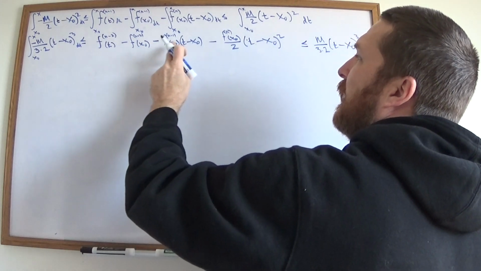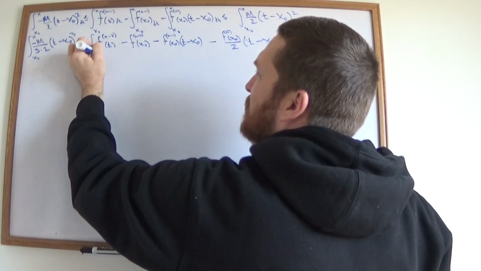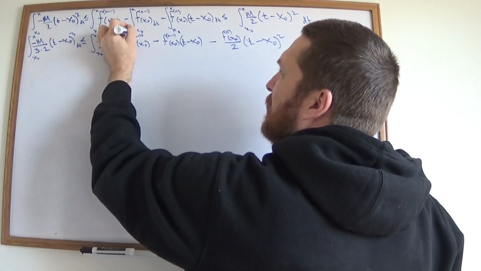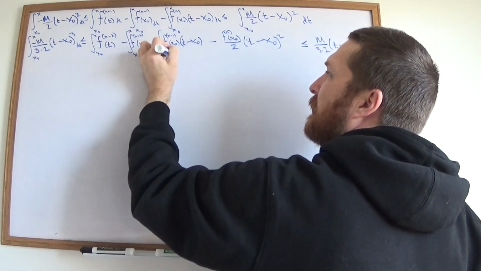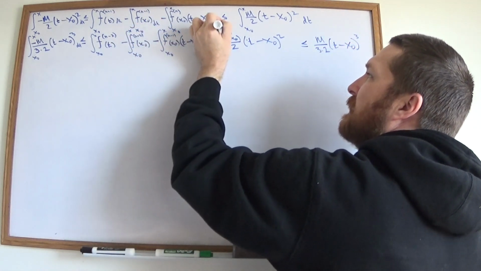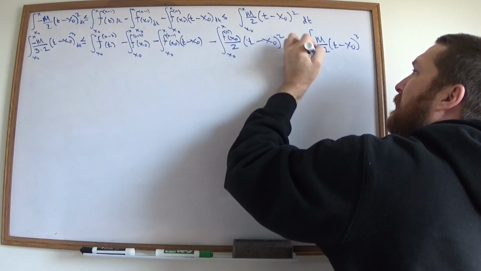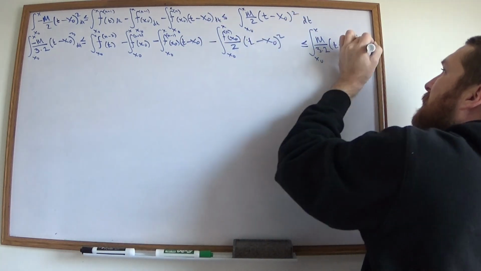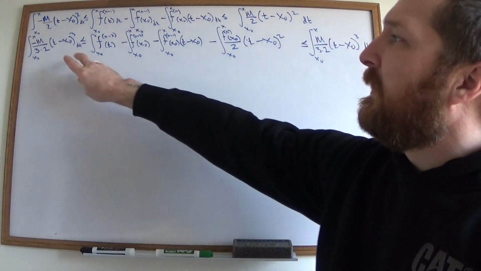Oh boy. I'm not going to write my dt's anymore. I'm just going to do this, x0 up to x, here, x0 up to x, here, x0 up to x, dt. Okay, here we go again.